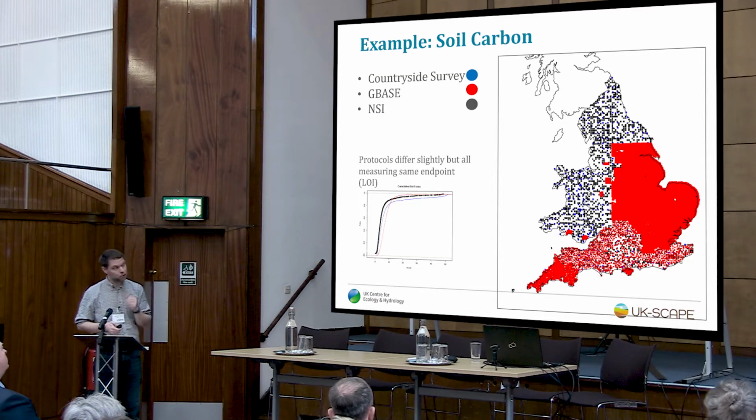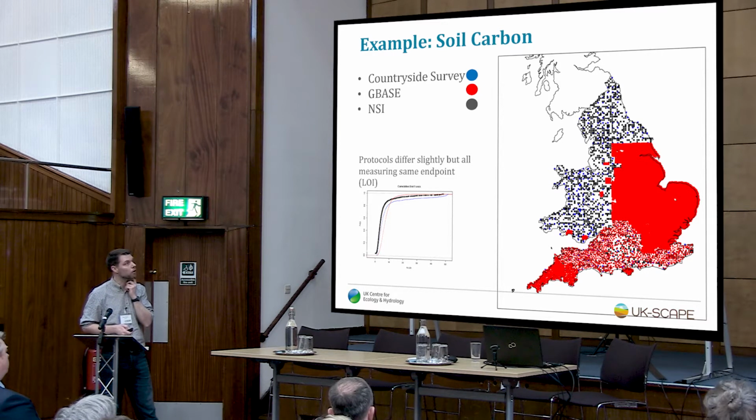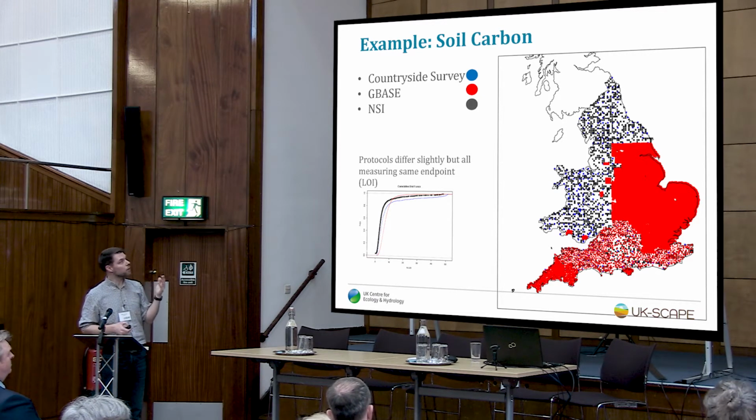Okay, now I'll run through some examples of work that we've done in this area. This is the first example, where we're interested in mapping soil carbon across England and Wales. This was work we've recently done with DEFRA. The idea here was to combine three huge national data sets: Countryside Survey, the BGS G-BASE Survey, and Cranfield's National Soils Inventory data.